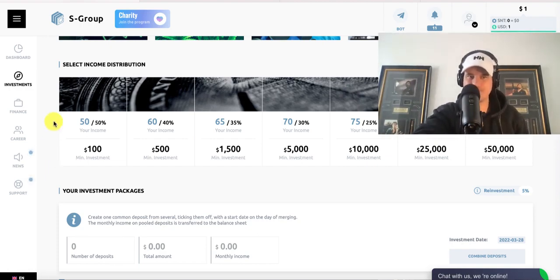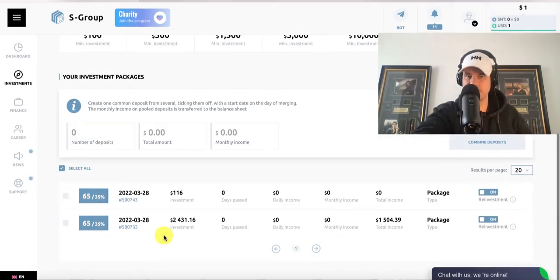But if your plan, guys, is to get ahead and only start with $100, and then every single month maybe add $100 to your account, you can use this strategy so you're not having to pay exactly $105. You can use your monthly income balance and combine your investments together.